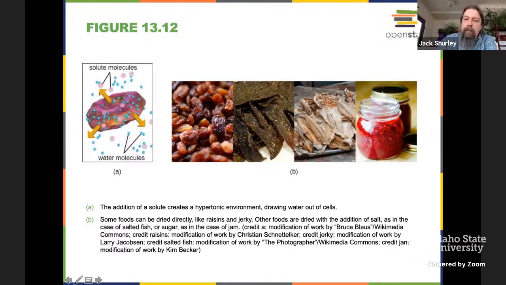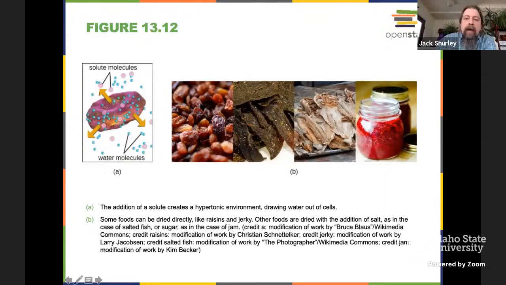So adding sugars to this creates a situation where it becomes very hypertonic. So if you've got a cell, a microbe within there, it pulls the water out of these cells, it dehydrates them, and it in turn kills them off, making it safe, right? Relatively safe, I should say.